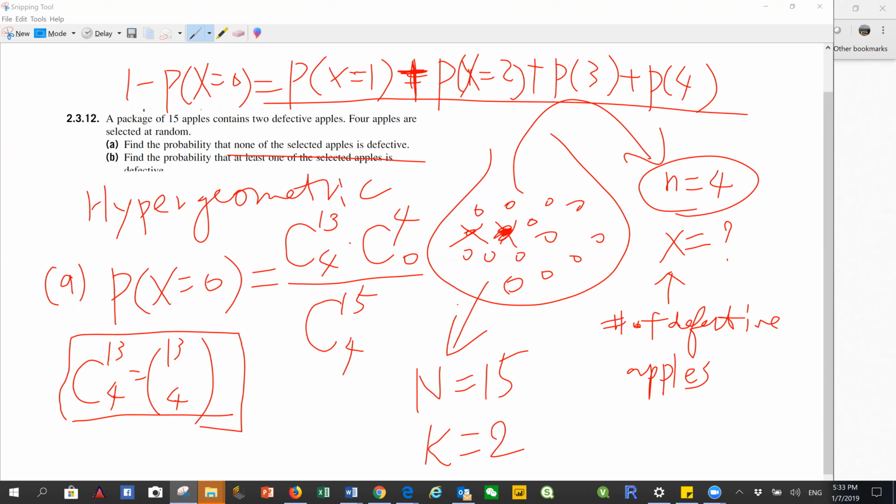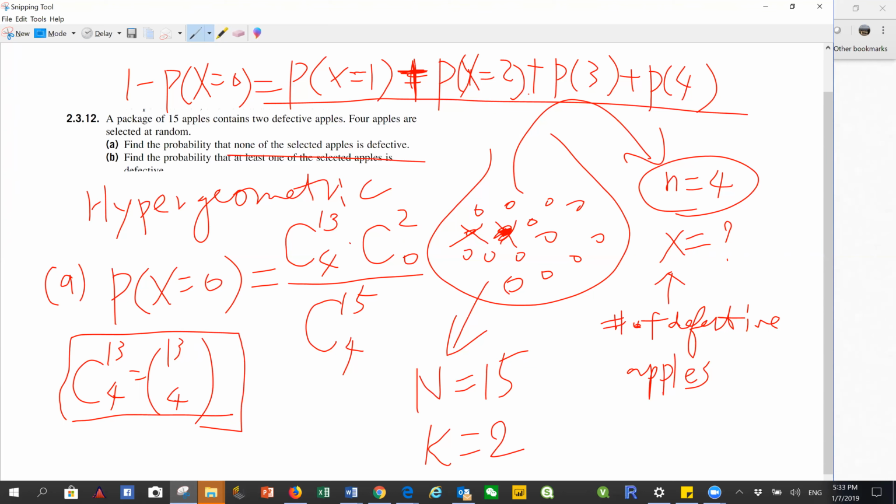Okay, stay with 3. Sorry, what I wrote was wrong. This is 2. This is 2.